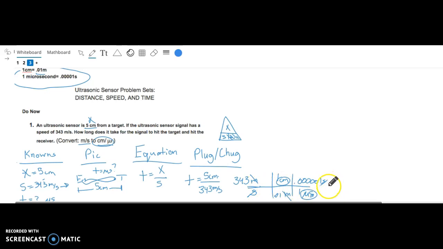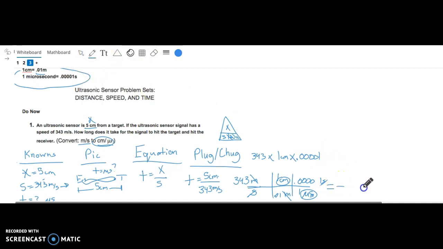So now all we have to do is multiply the top, multiply the bottom, and then divide the two. So I'm going to do 343 times 1 centimeter, times 0.00001, which is 4 zeros after the decimal point.